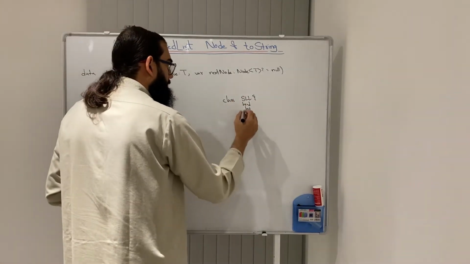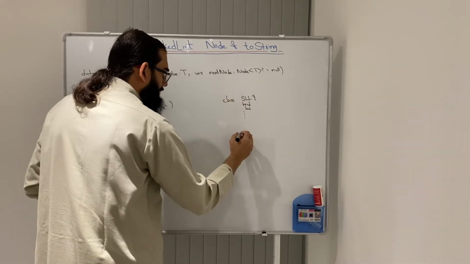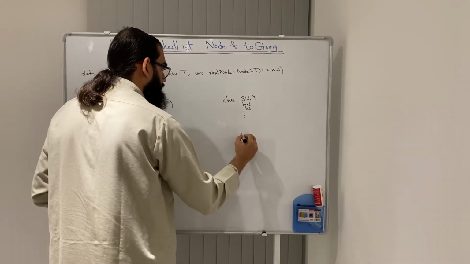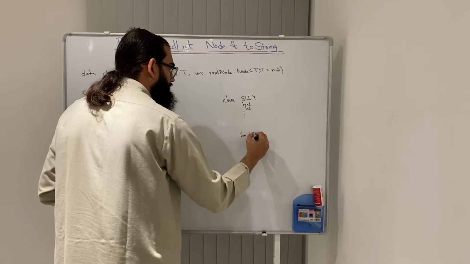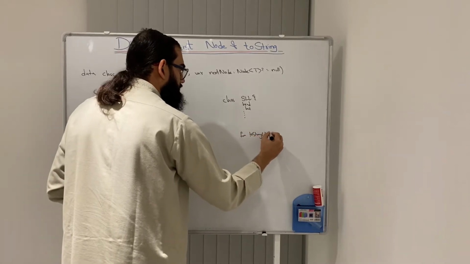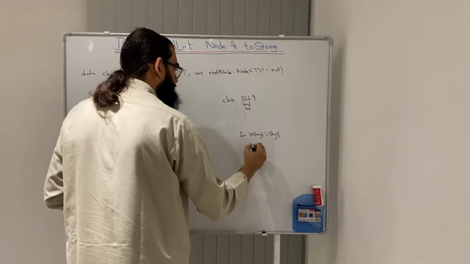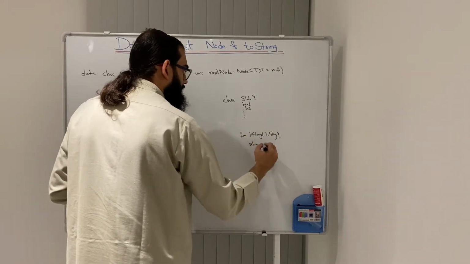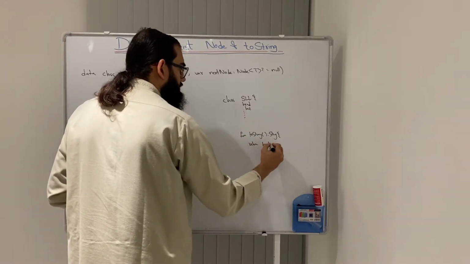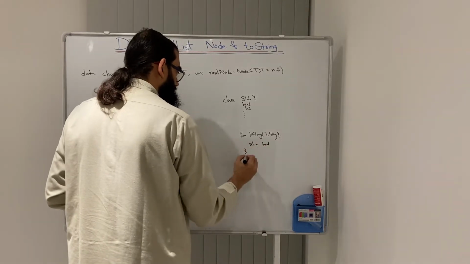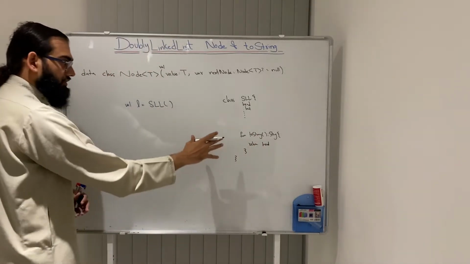In the end, because I'm using Kotlin syntax, we did override fun toString, and here I said return head, simply head. So that is our implementation.